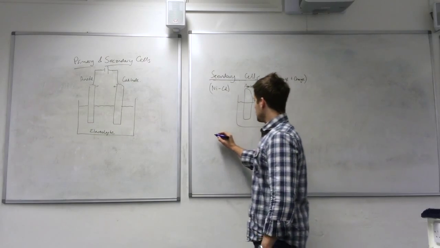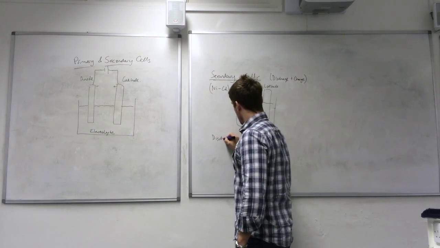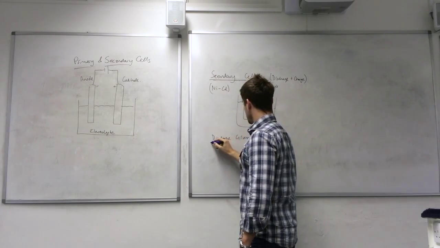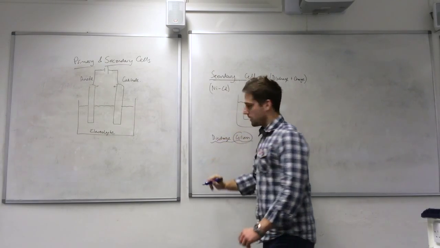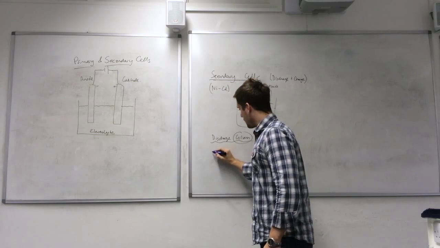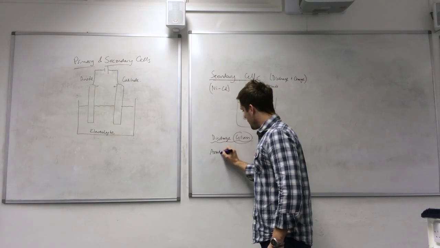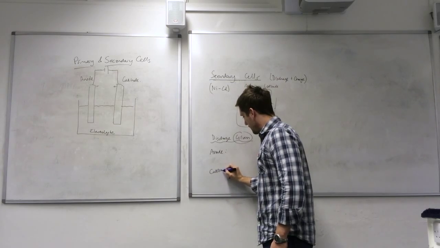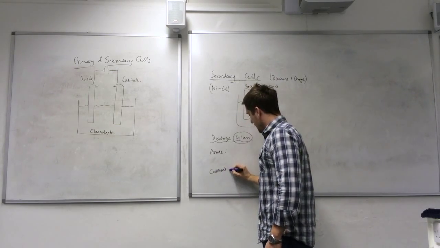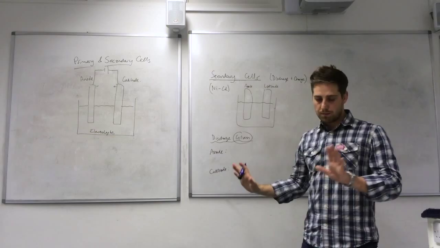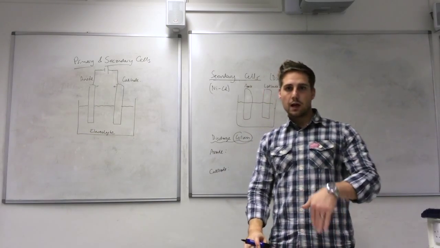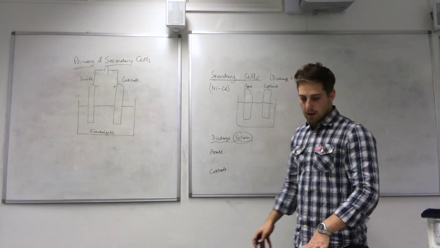So, discharge. Okay, these reactions are the ones that are given. So, let's have the anode here, and cathode here. Again, I won't be giving the actual chemicals. You need to look that up in your resources.